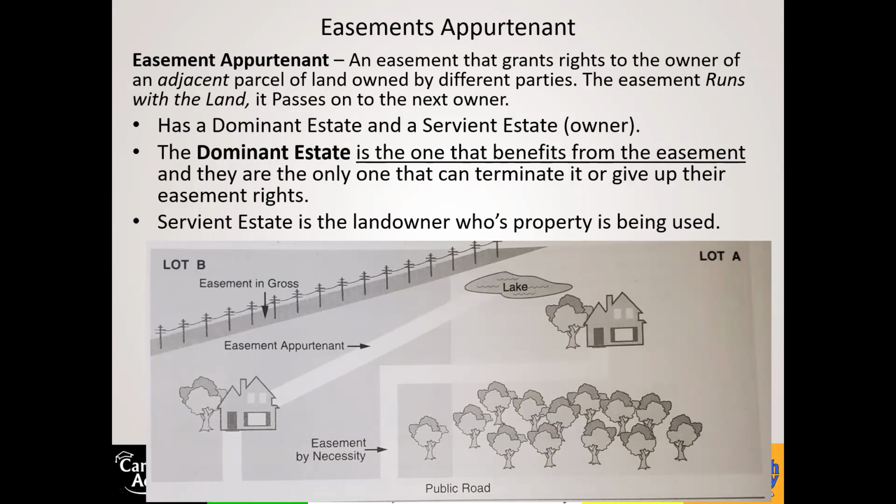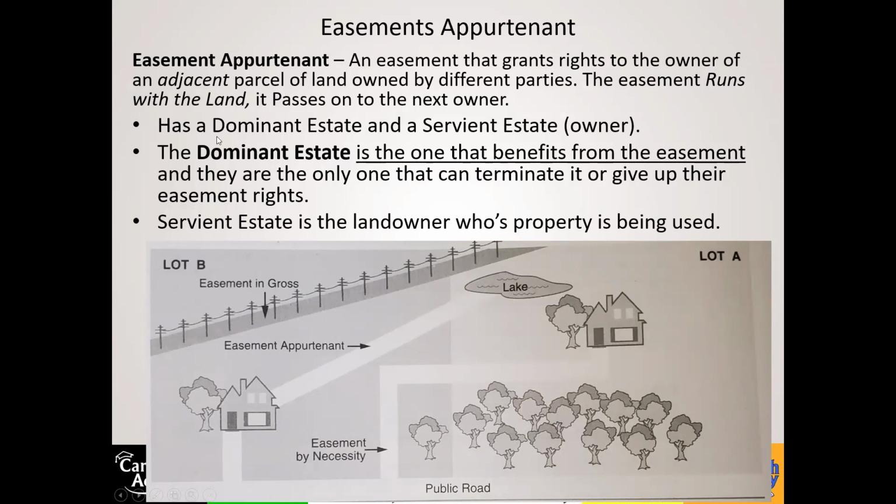B is the dominant. Correct, because they're benefiting from this easement because they get the use of the lake. And A's property is being walked over, so they're serving it up on a platter. Now, they can't stop B from crossing over onto their property and using that lake because they have a right, and that right cannot be revoked by landowner A.